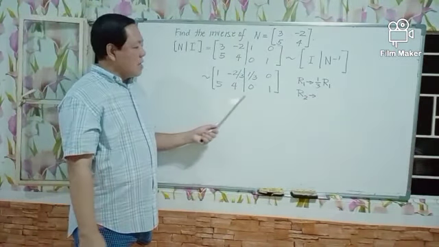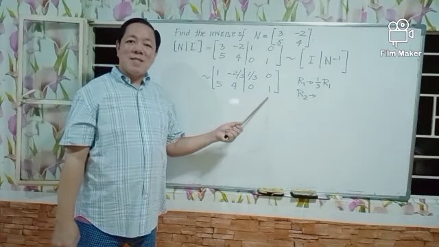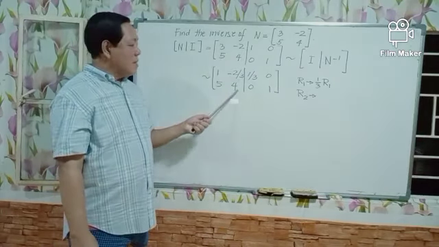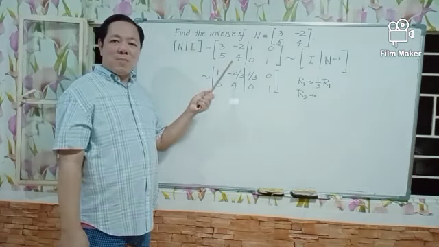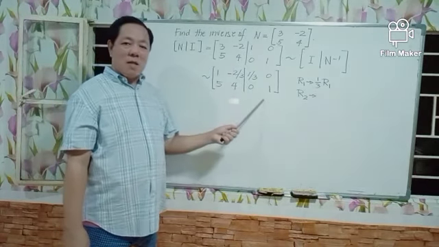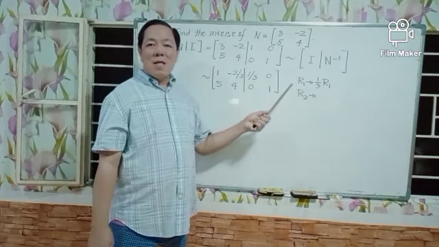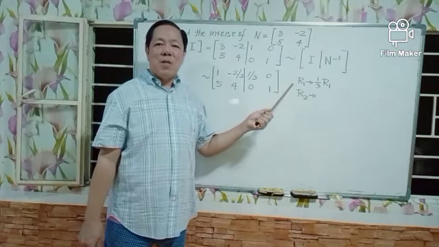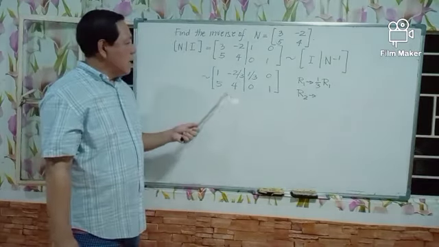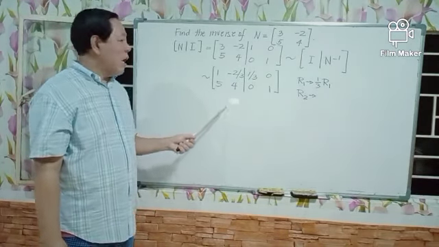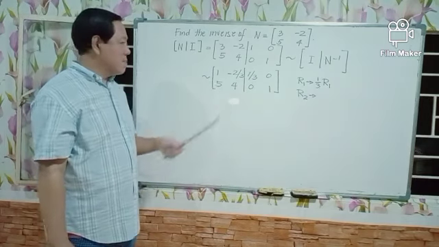This new matrix, by the way, is an equivalent matrix to the original matrix. This matrix is equivalent to this matrix because this new matrix was obtained from the original matrix using the second type of elementary row operation. And if we change 5 to 0, we would get another matrix equivalent to this matrix.